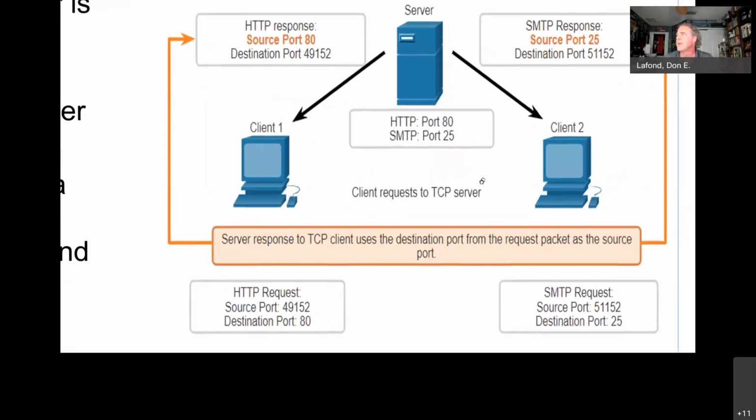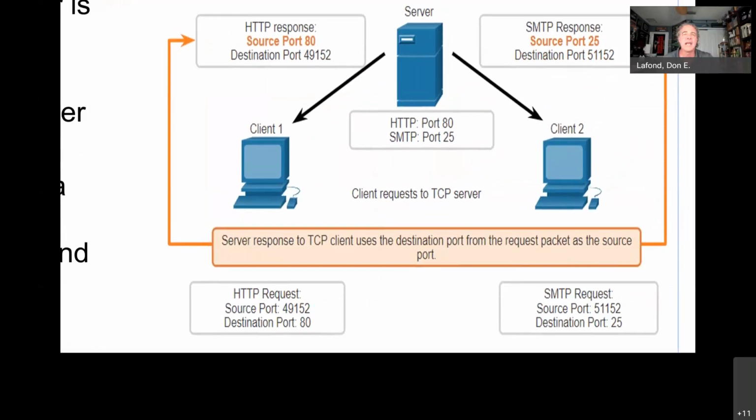So here we have, for example, the client. The client is doing an HTTP request. The source port on client 1 is 49,152, one of those upper range addresses, and its destination is 80. The server's port is port 80. That is a web request, right?